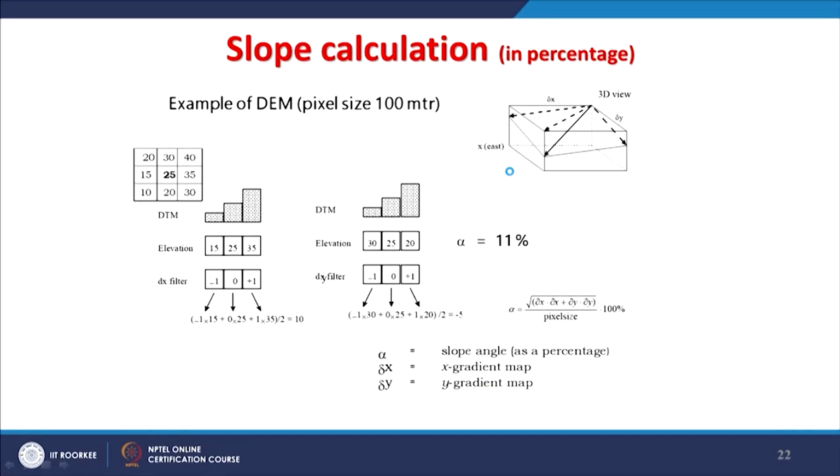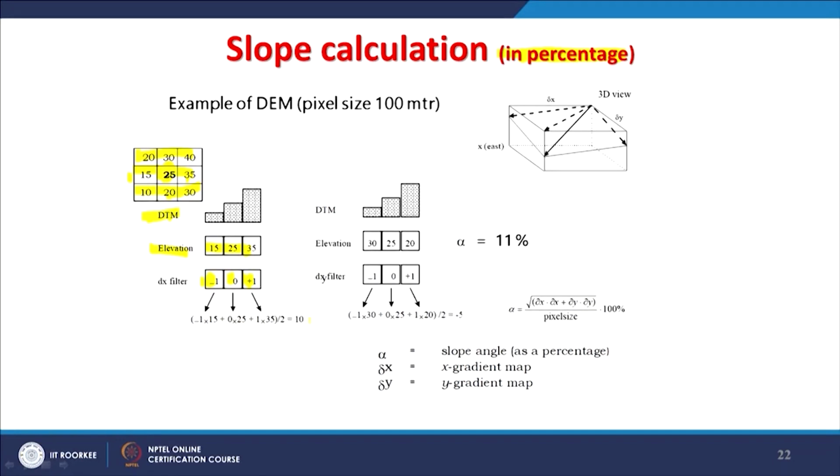As you know, slope calculation in terms of percentage is just rescaling. Here, suppose this is my input roving window, for the center cell I am calculating, on the DEM or digital terrain model. Elevations are 15, 25, 30, 35, and the filter weights in the neighborhood, in this particular example, are given as -1 and +1. Of course, there is no calculation for the center pixel, so it is 0.